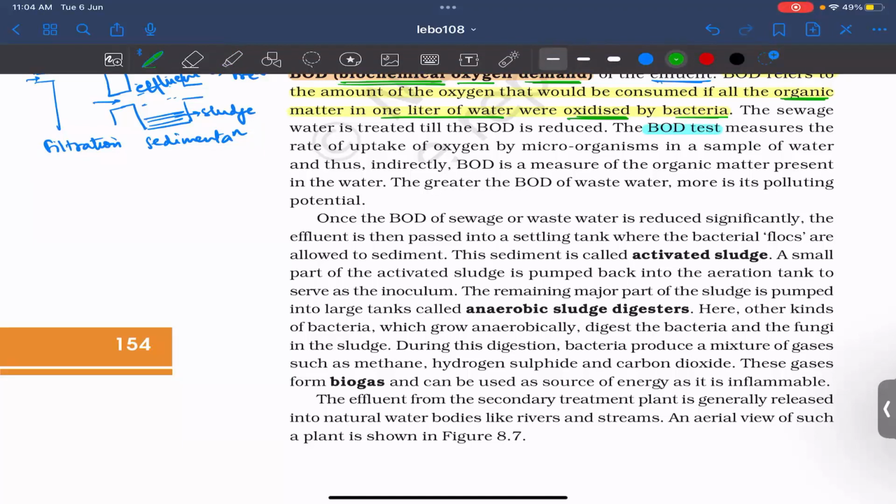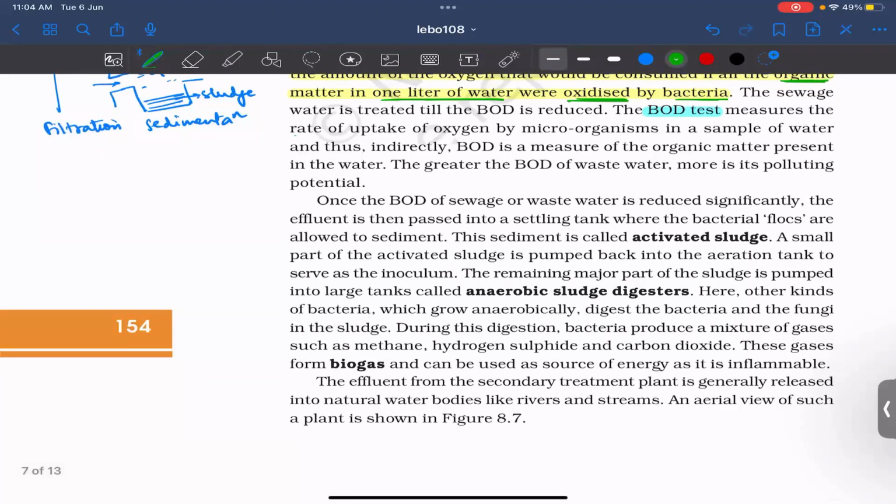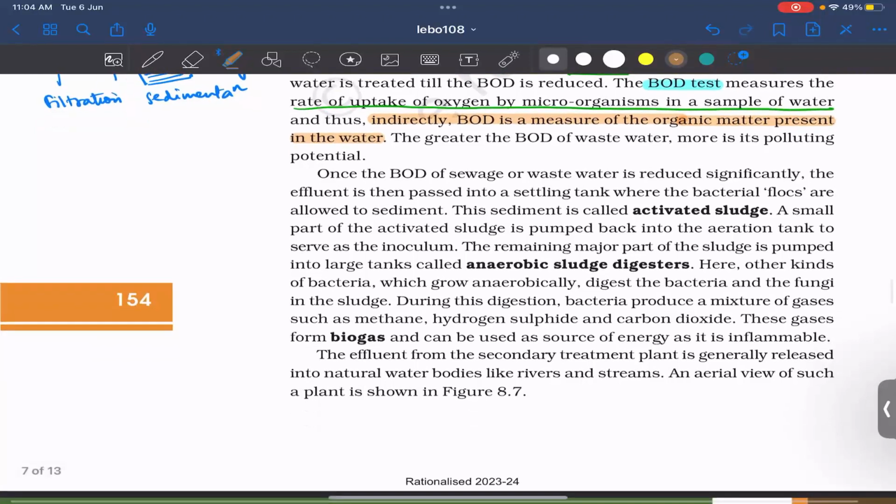Thus, BOD is an indirect measure of the organic matter present in the water. This is also a very important line. Greater the BOD of wastewater, more polluting potential it has.